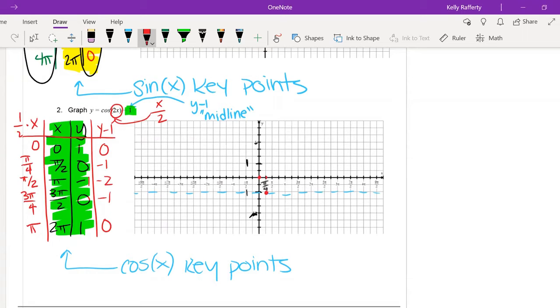At pi over 2, I'm at negative 2, which I said I rescaled my graph, but you don't have to. Let me get my color back. There we go. At 3 pi over 4, so that's just the next line, I'm at negative 1. And at pi, I'm at 0.